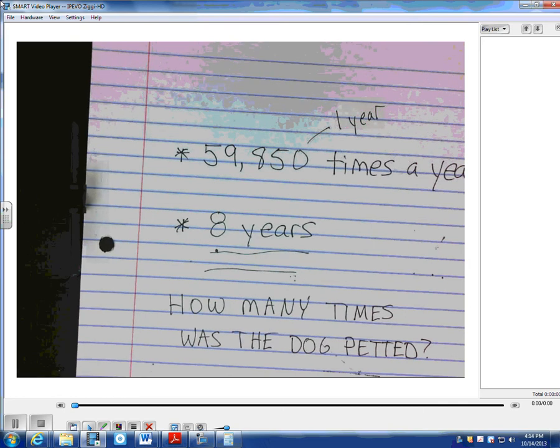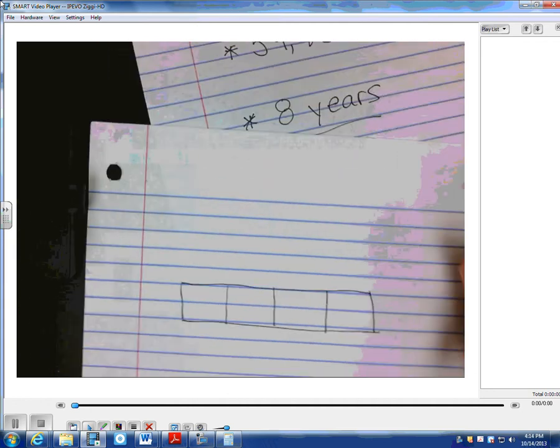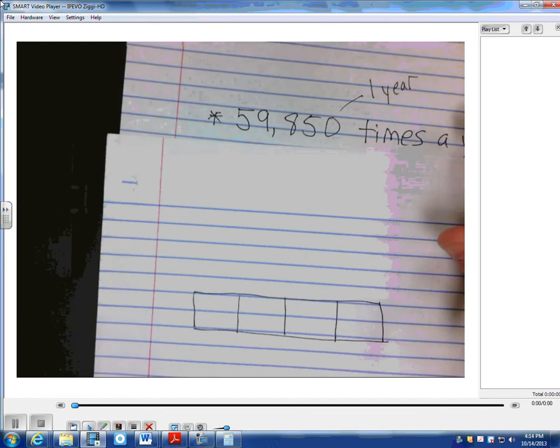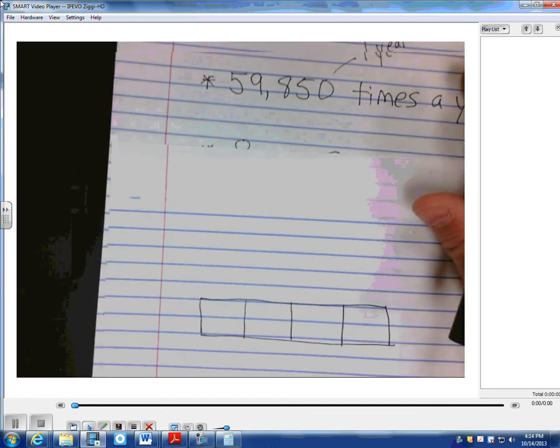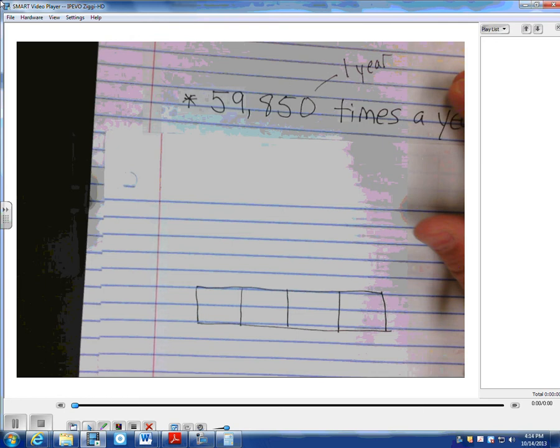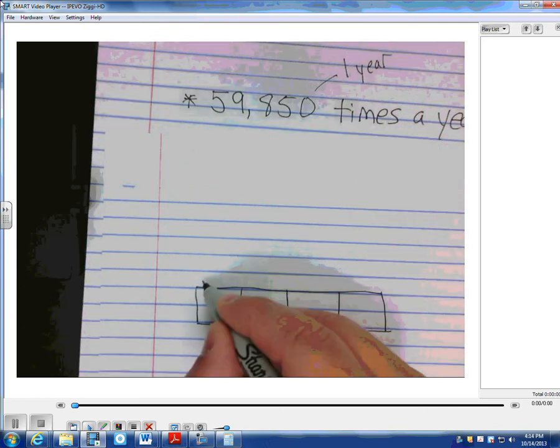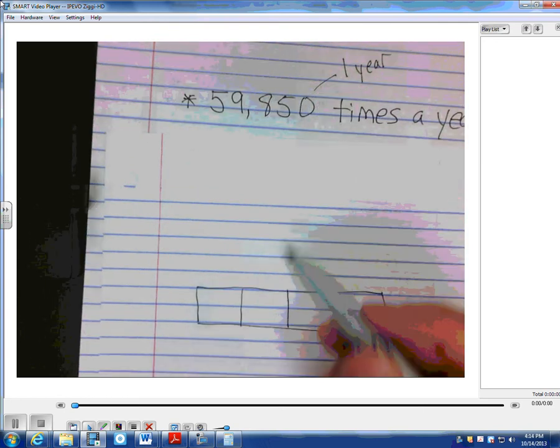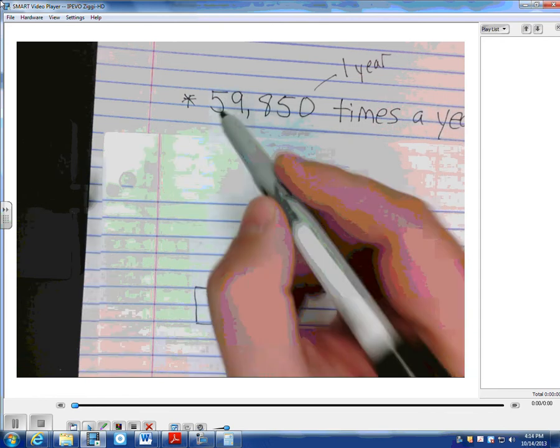So now you can do it several ways. You can do it the standard algorithm way, the way you kind of knew coming into this year, or you can do it using the area model. And if we set it up using the area model, I'm just going to put the number here so we can see it. So it's 59,850. I know this number here represents 50,000.